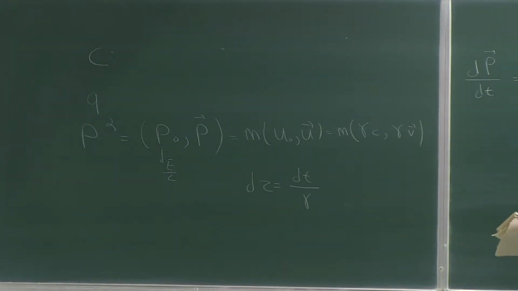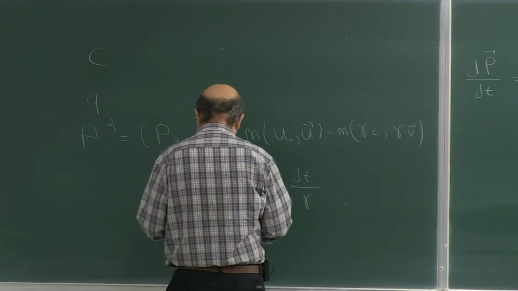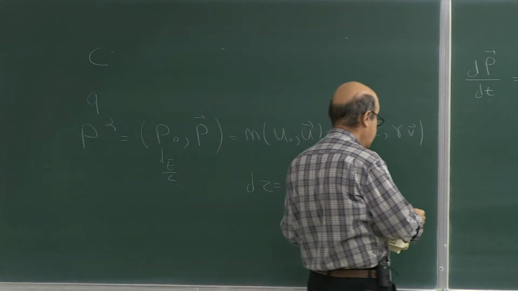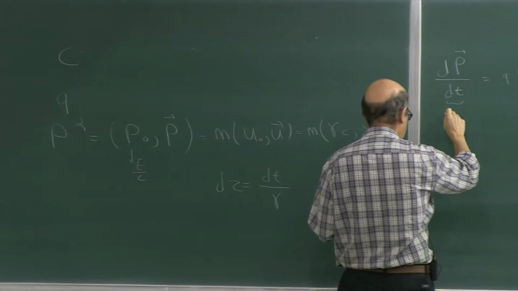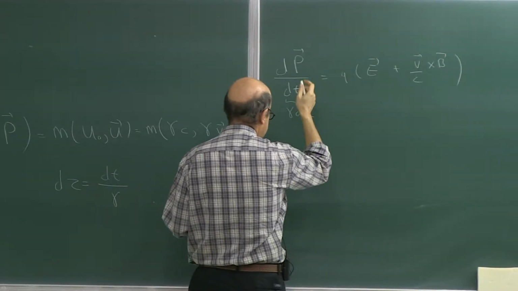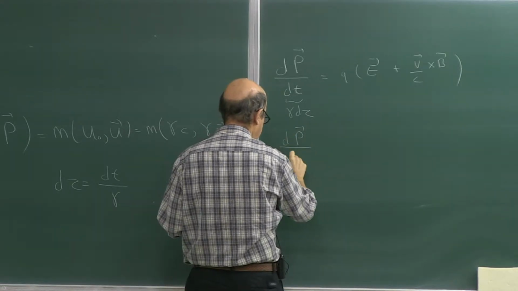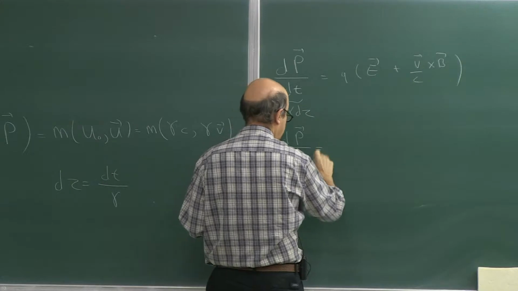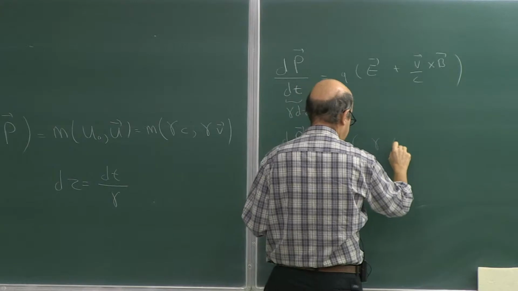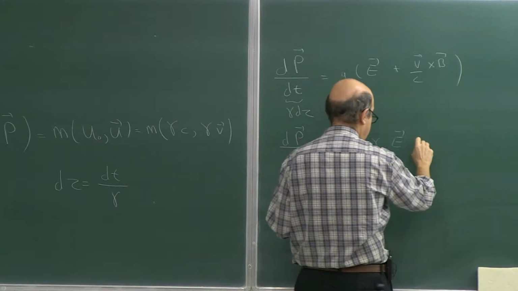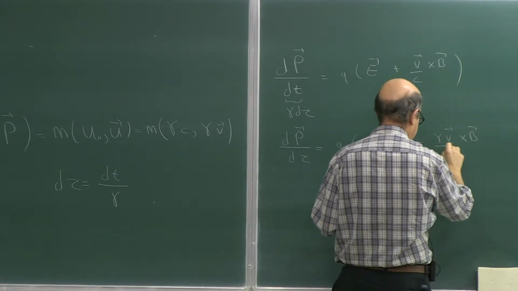You can use the proper time, or multiply by the speed of light and call it a proper length. If you write gamma d tau instead of dt, the expression becomes the derivative of the momentum with respect to the proper time, equal to Q gamma E plus gamma v cross B over c.